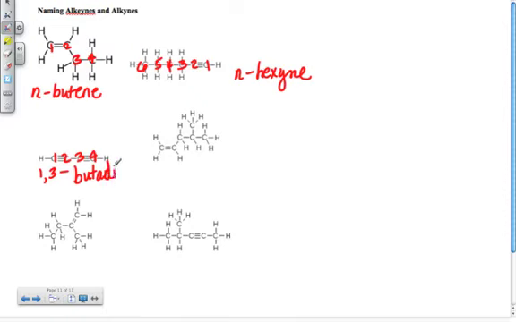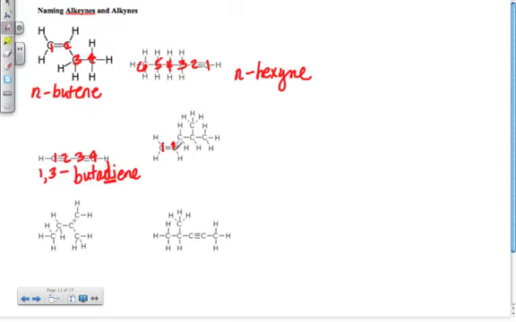The di for the 2 bonds comes in the middle of the word, right before the E ending. So when you have multiple double bonds, you're going to put the di right before the E ending.